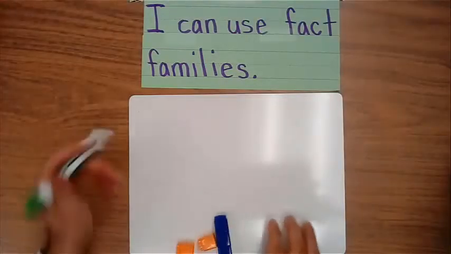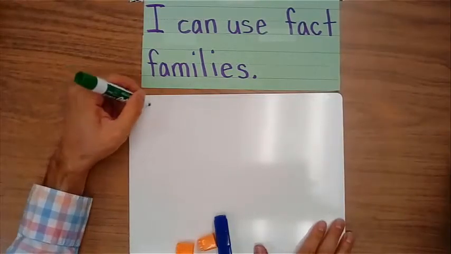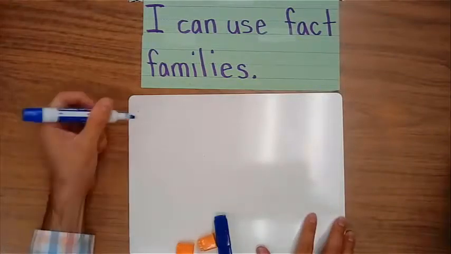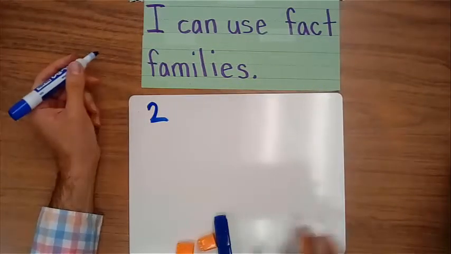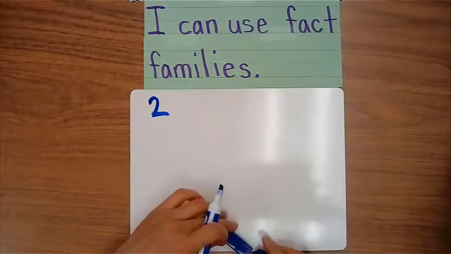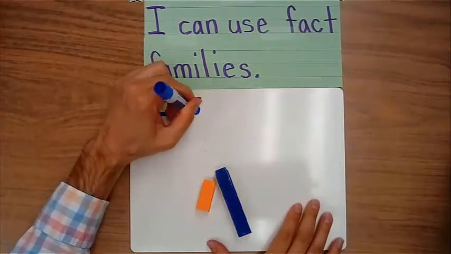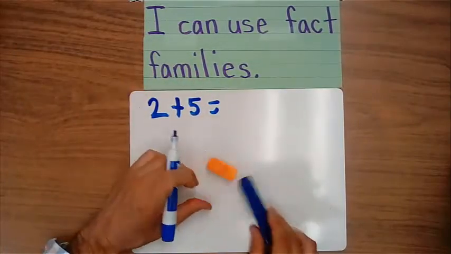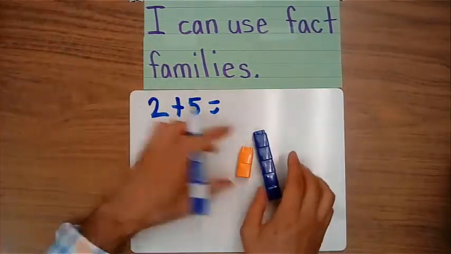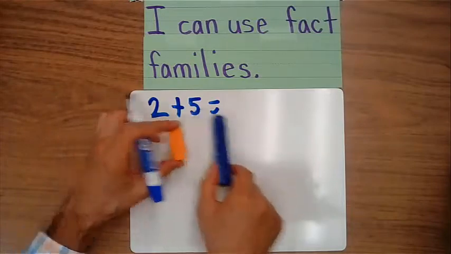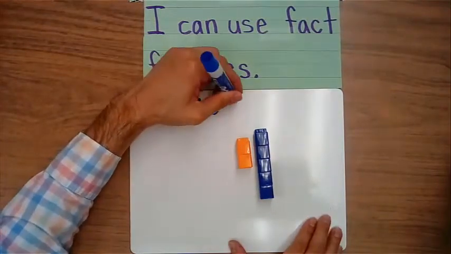I'm going to use some of my blocks. What if I have 2 plus 5? What's 2 plus 5 makes what? Makes 7, right? 2 plus 5 makes 7.